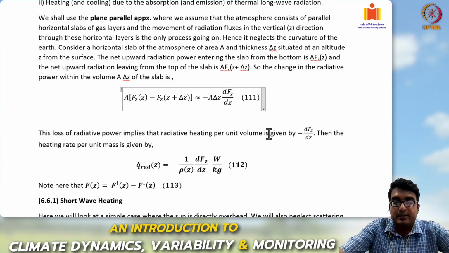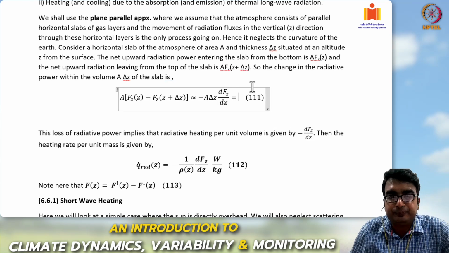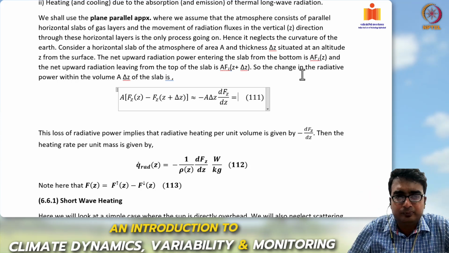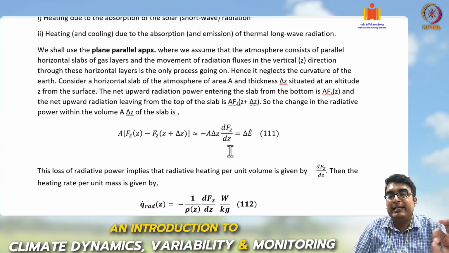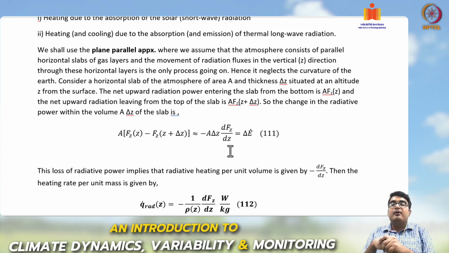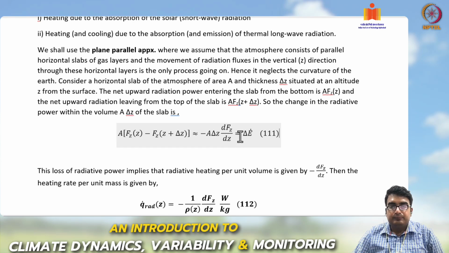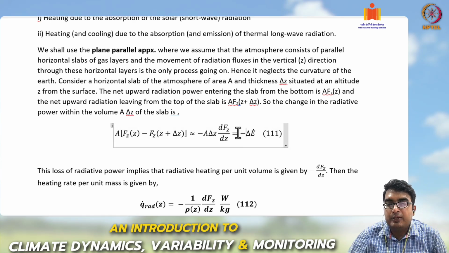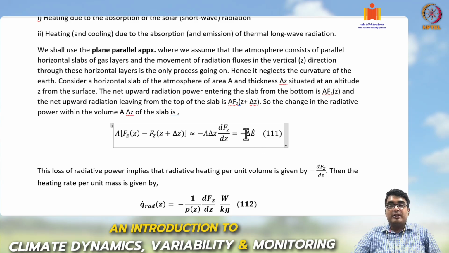Let me write it here so that it becomes clear. It equals delta E dot, the change in the rate of power leaving the system, so this is minus delta E dot. So the net radiative heating is therefore minus dFz/dz.